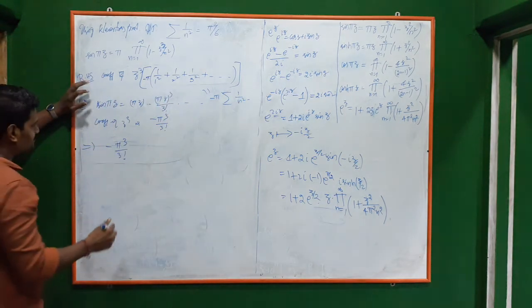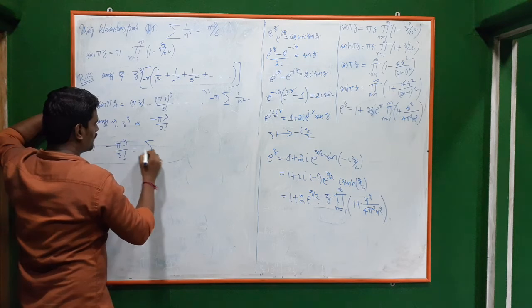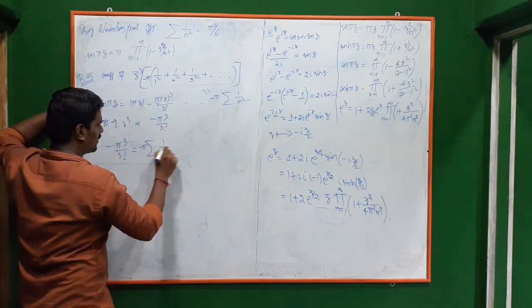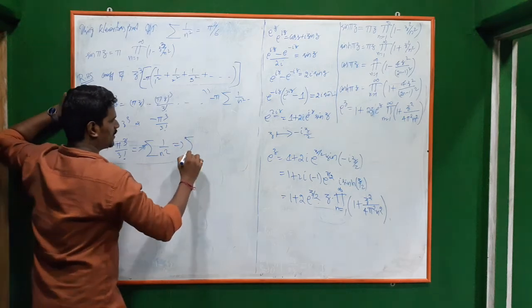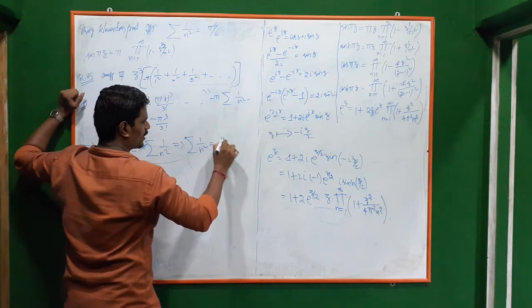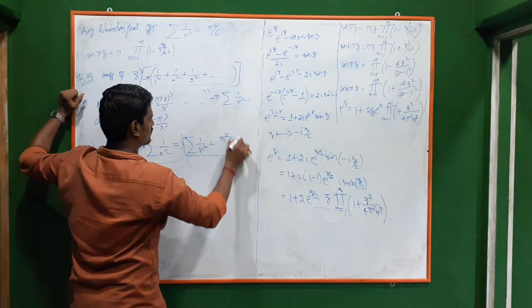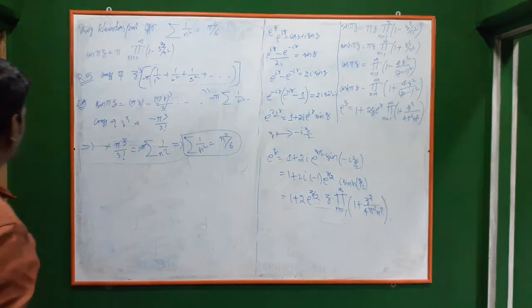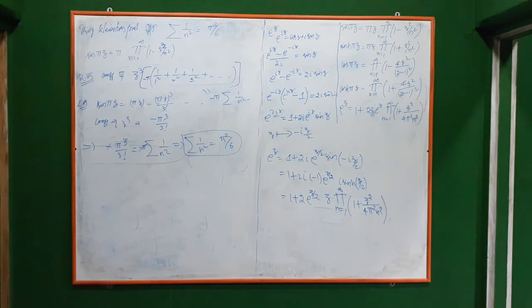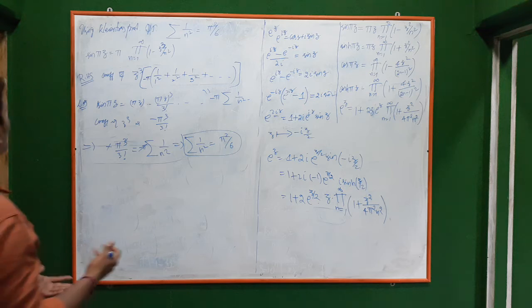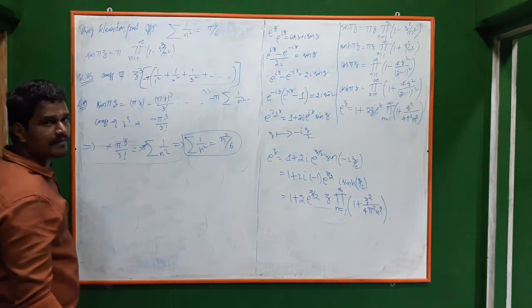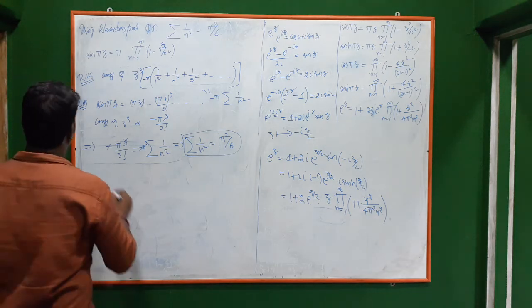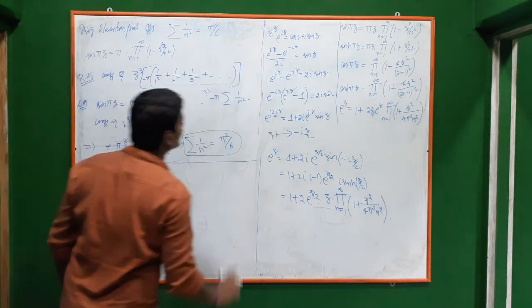This will cancel out, which implies summation 1 by n square is pi square by 6. Clear? Like this, if you have such kind of series, you can find the value of those series. So this is one application of that.